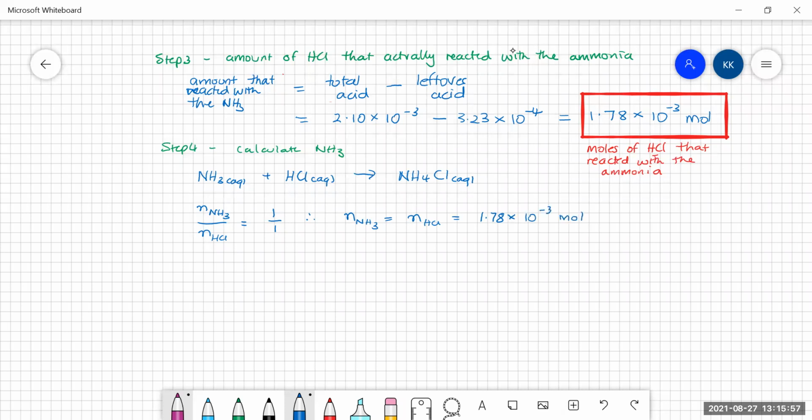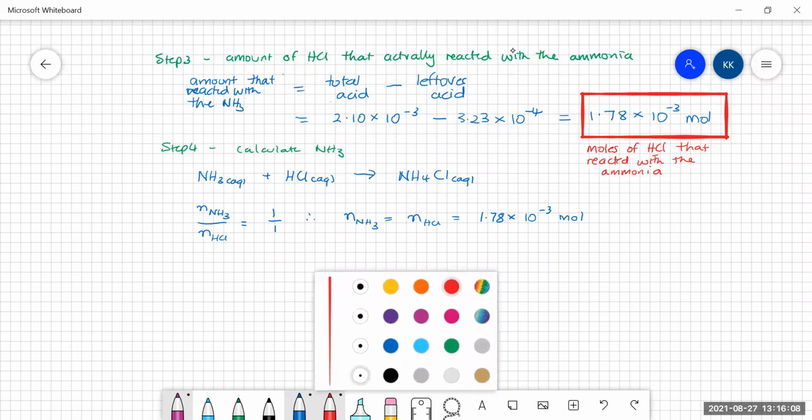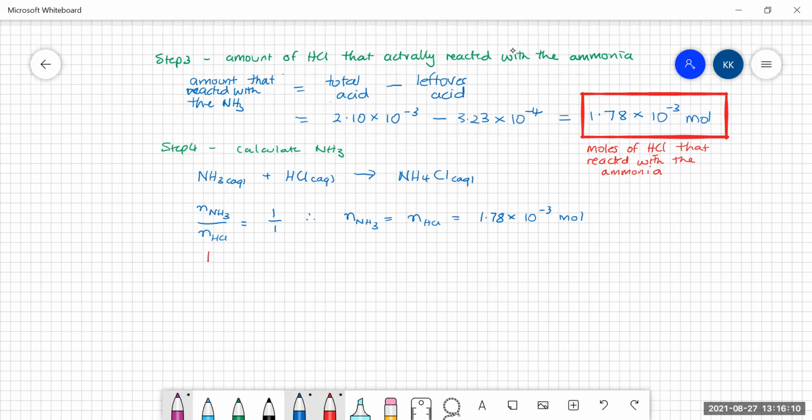All right, this is the tricky part. That is the amount of ammonia in the 20 ml sample that was taken out of the total. So we're going to be really careful to remember that.